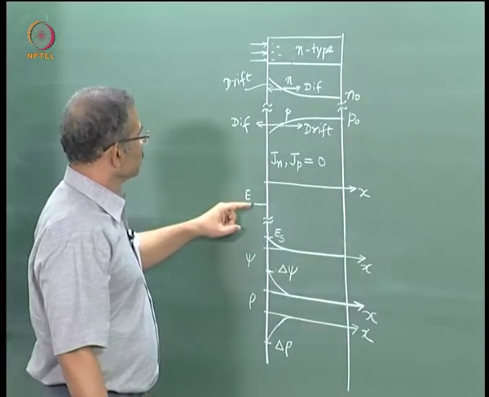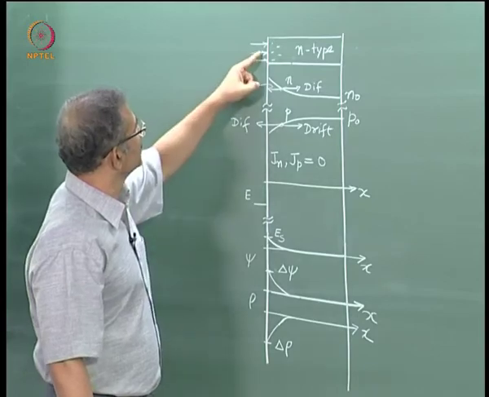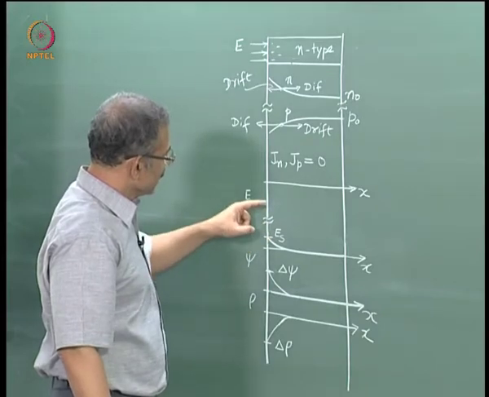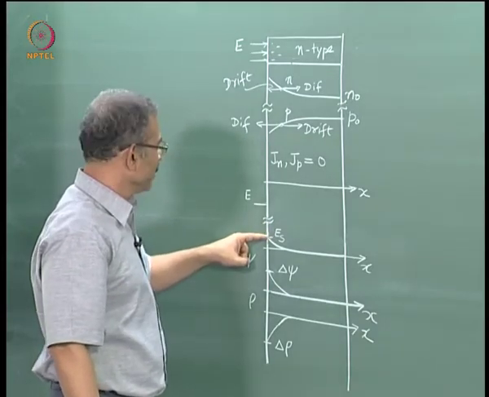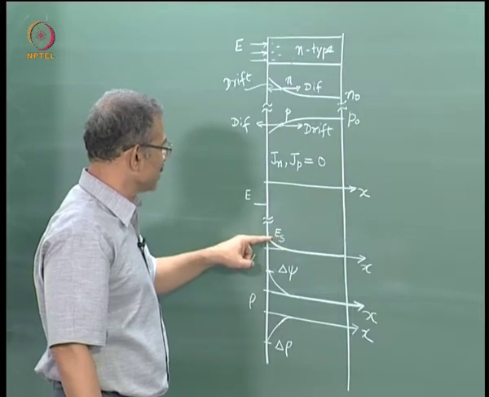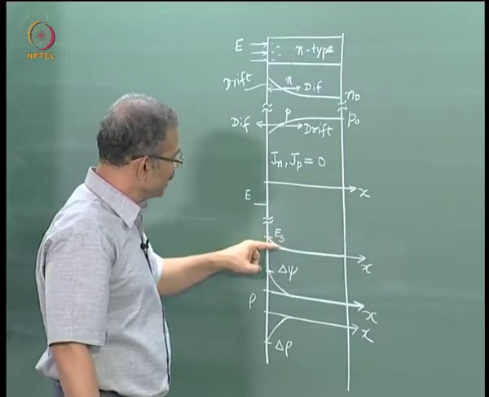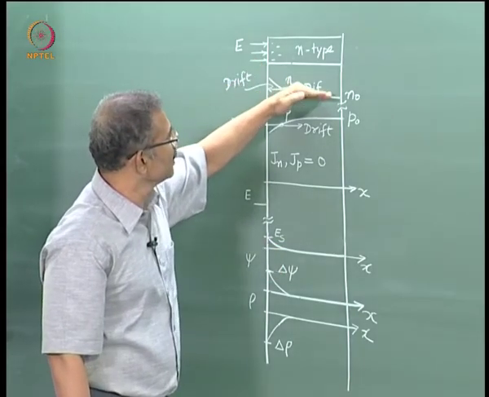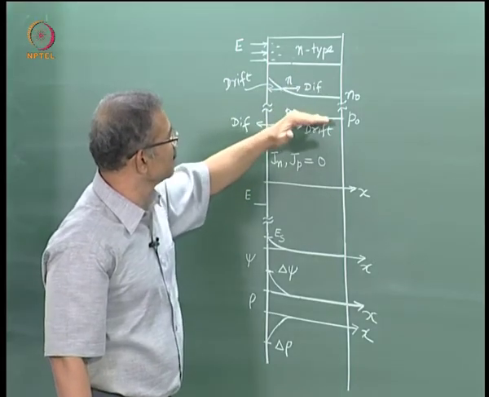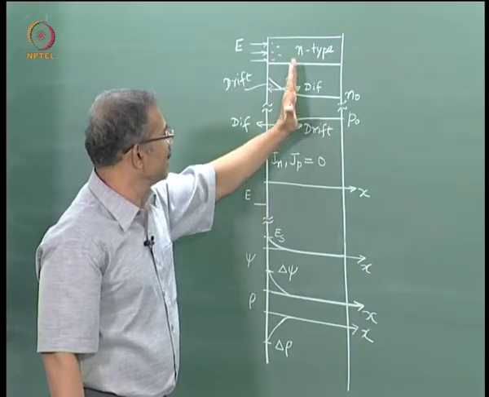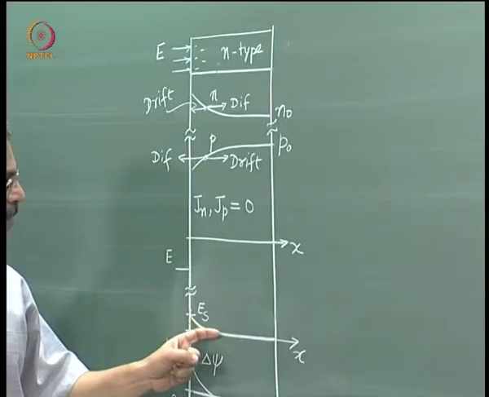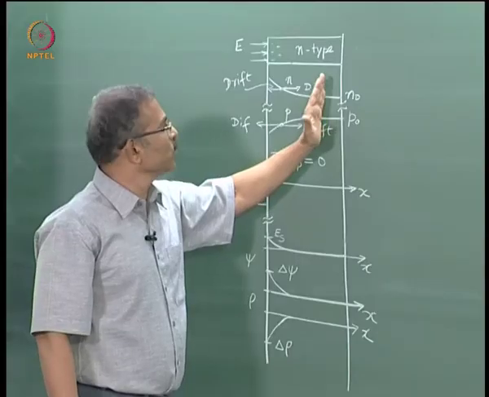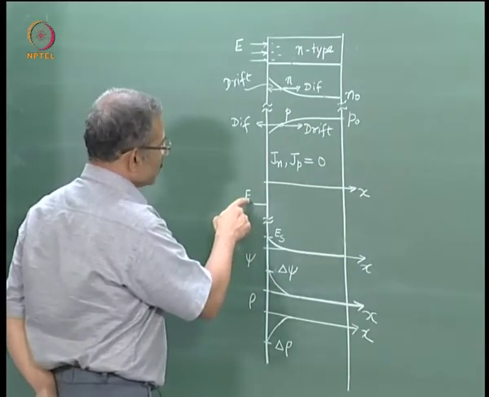Electric field: you have an electric field outside, that is this electric field E. Now as you get in, the electric field will fall to a value Es inside the semiconductor, and thereafter it will decay just as the electron concentration is falling to equilibrium and the hole concentration is rising to equilibrium. So these variations are there. Similarly, there is a variation of the electric field over the same length and it goes to 0 because far away there are no charges here. Now what is the ratio of E to Es?